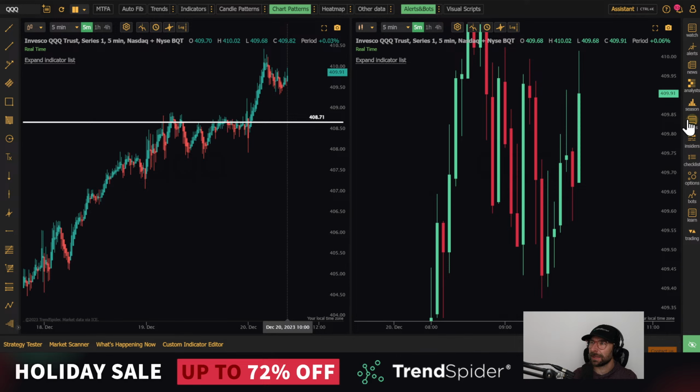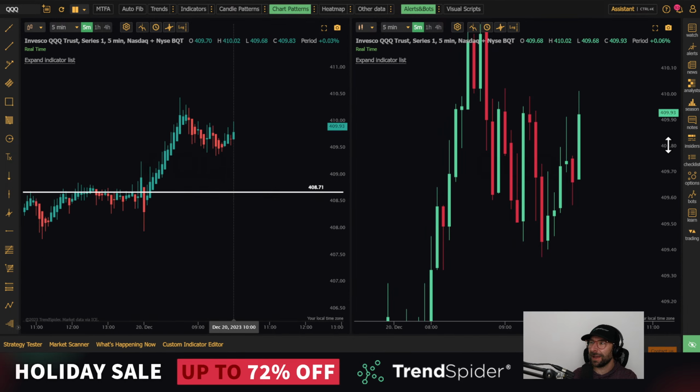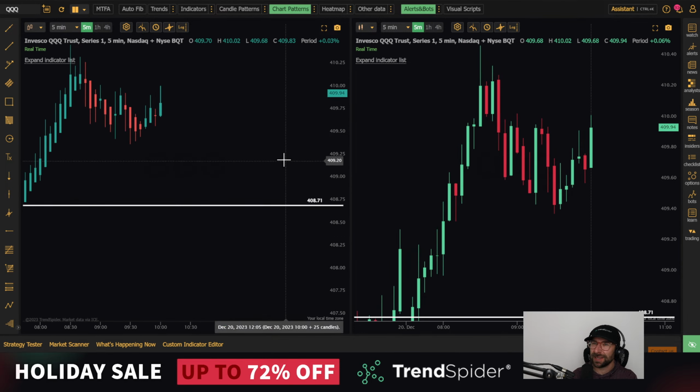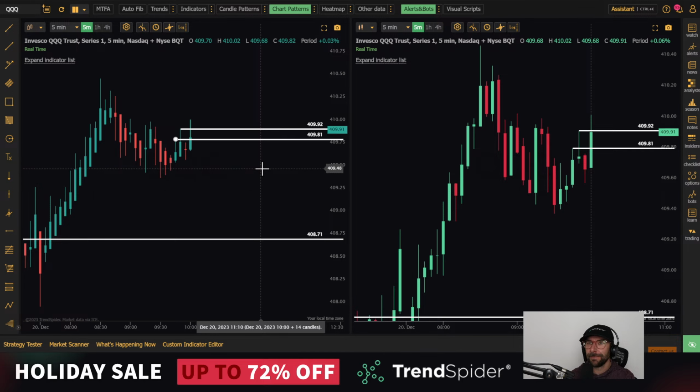I guess you still would have to define red, wouldn't you? You'd have to be able to define red and green, not just high-low. Yeah, so your high-low is the high-low of the regular, standard Japanese candle. Got it. So you just need to be able to define red-green. That's all you need.